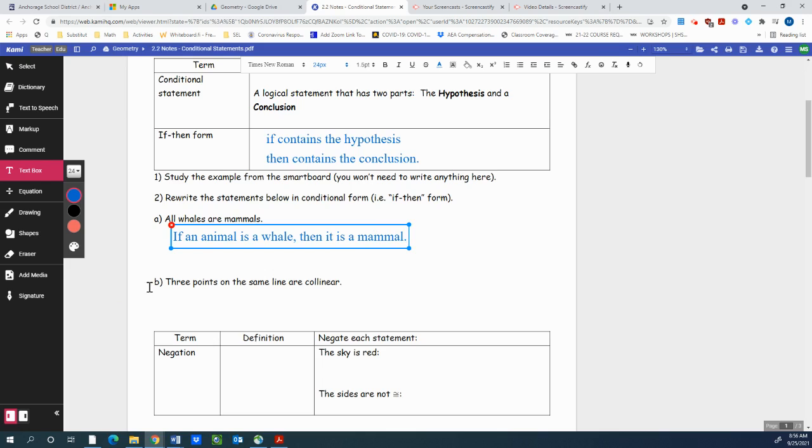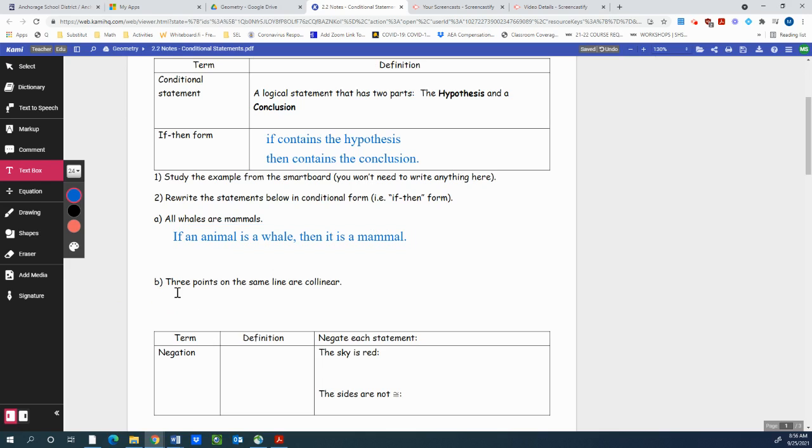Okay, part B. This one's actually a little bit easier. Three points on the same line are collinear. So how do we turn that into if and then? Maybe think about it for a second, then tune back in, or pause it.